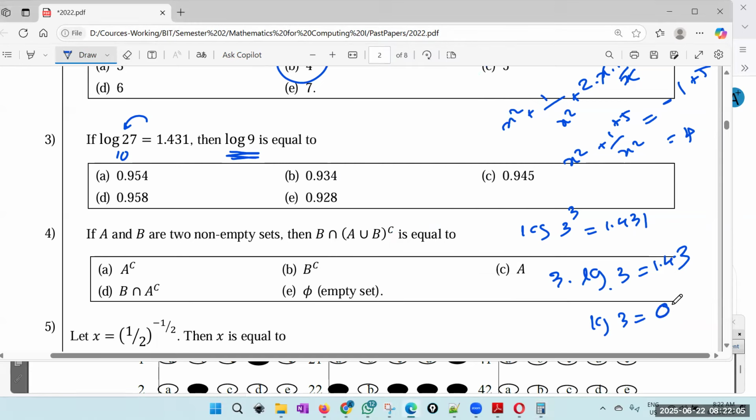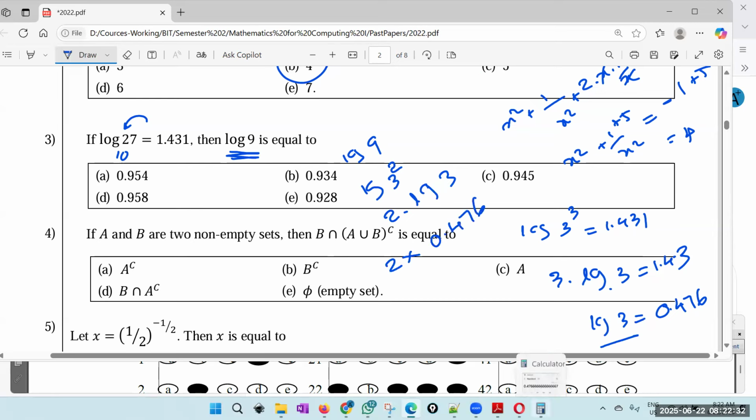That is log 3. Now what we need is log 9. 9 is 3 to the power 2, so you can write it as 2 times log 3. We have log 3 as 0.476, so 2 into 0.476.